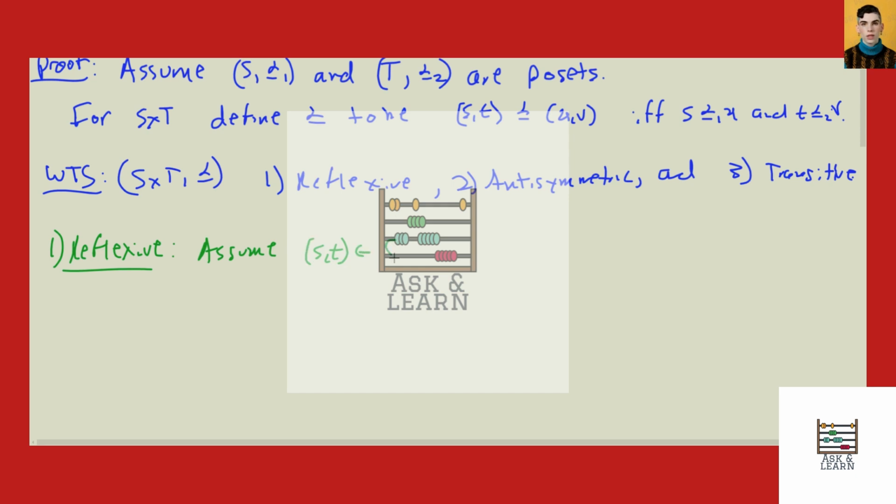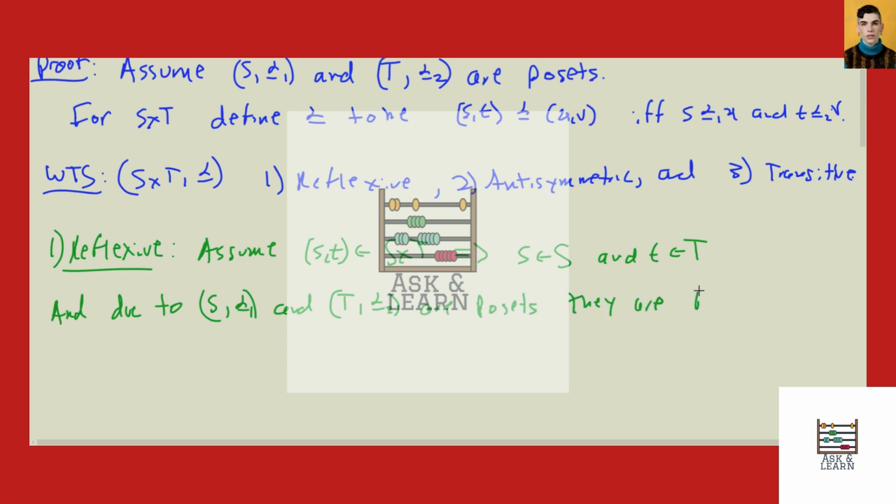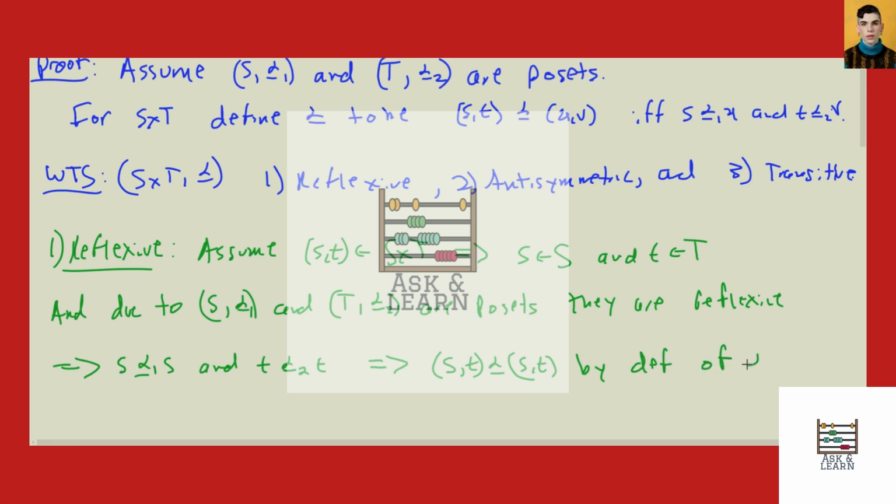So 1, reflexive. We want to assume little (s, t) is an element of S cross T. Well, by the definition of the Cartesian product, this implies that s is an element of capital S and t is an element of capital T. And due to S with this first ordering and T with this second ordering being posets, they are reflexive, which implies that s is less than or equal to itself with the first ordering, and t is less than or equal to itself with the second ordering. And now this implies, by definition of our ordering, that (s, t) is less than or equal to itself.